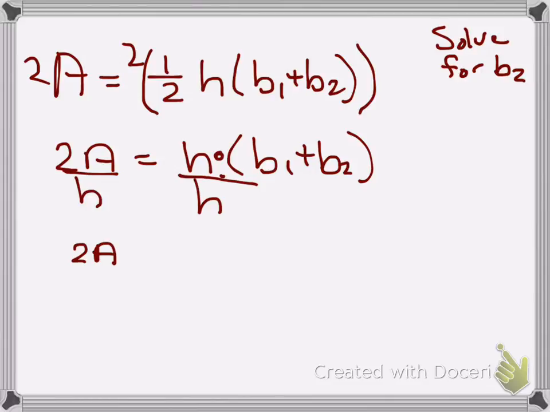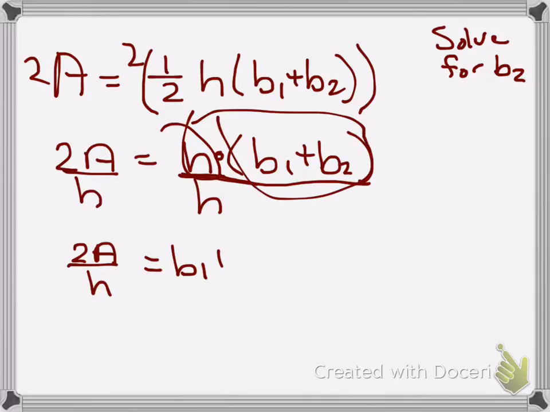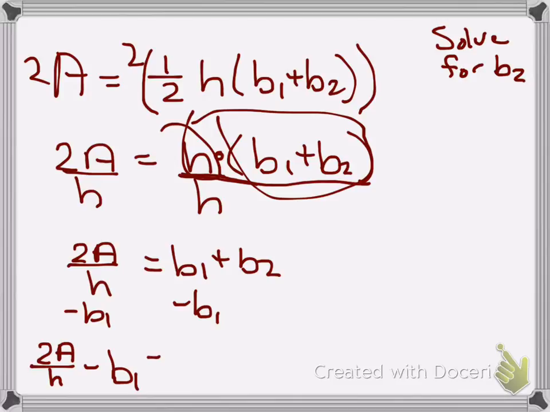So I divided by h. Notice this carries over the whole thing because that h is multiplying all of that. And then I've only got adding b1, so I got to subtract that, and then I just write my answer, 2A divided by h minus b1 equals b2.